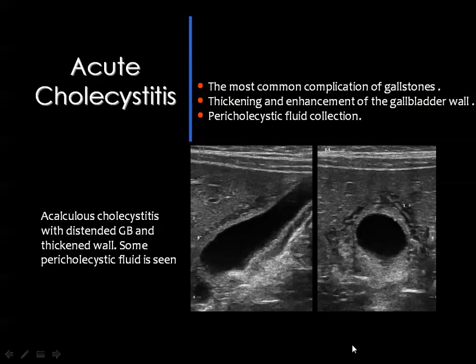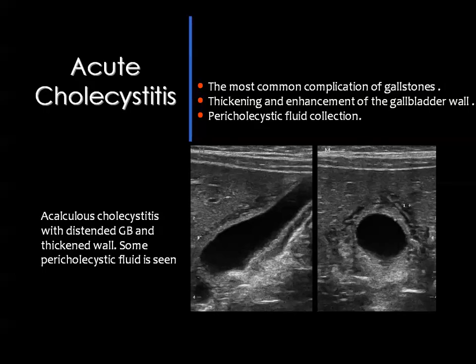Then the second issue is cholecystitis, and we'll discuss the acute one, the chronic one, the emphysematous, and the xanthogranulomatous types. Acute cholecystitis means that there is acute inflammation of the gallbladder, and we have important findings by imaging.